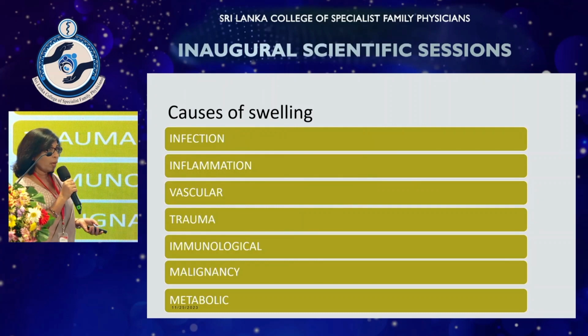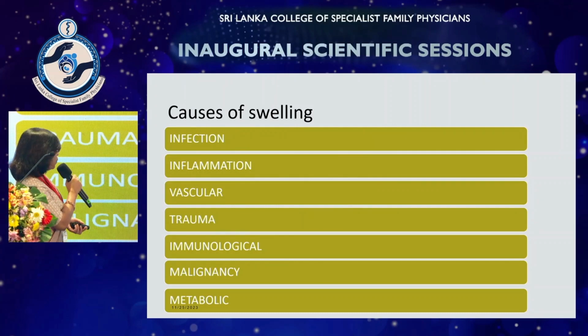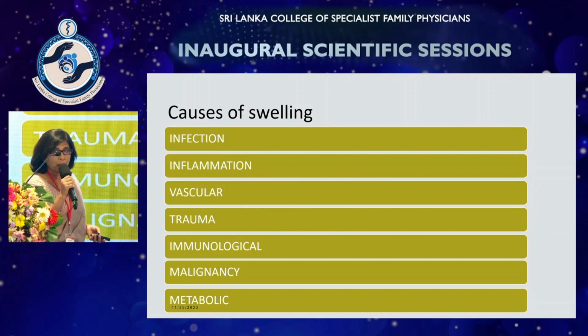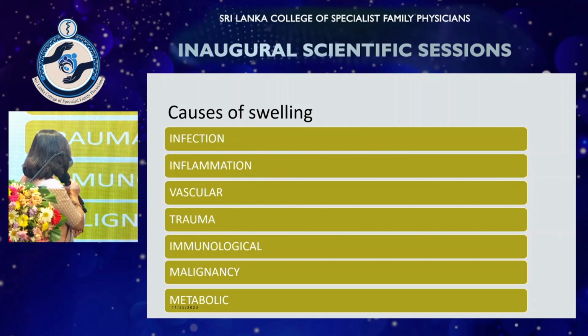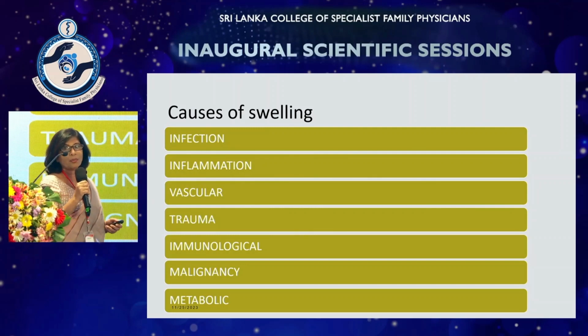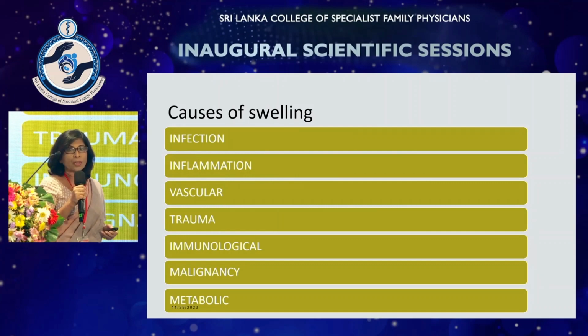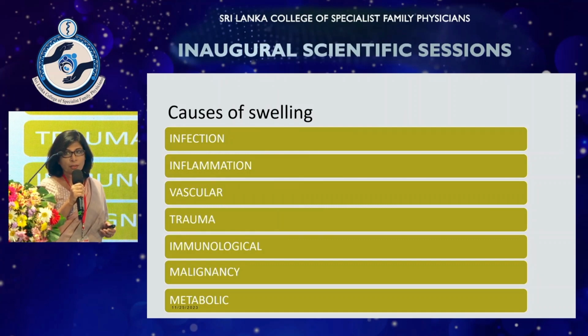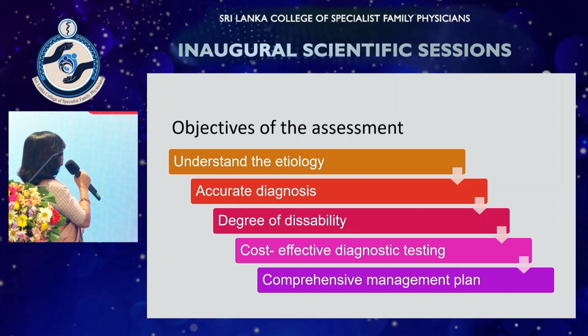The well-known ones: infection can cause lower limb swellings, and inflammation, it could be vascular, it could be due to trauma, or immunological, or malignancy, or it could be metabolic. So our aim is to identify the cause of the lower limb swelling without just giving any medicine to patients.